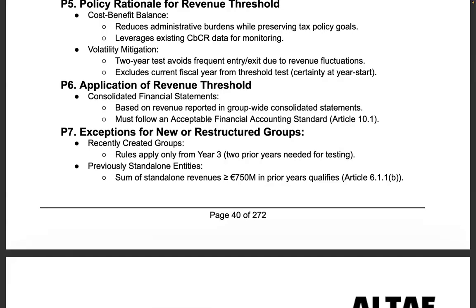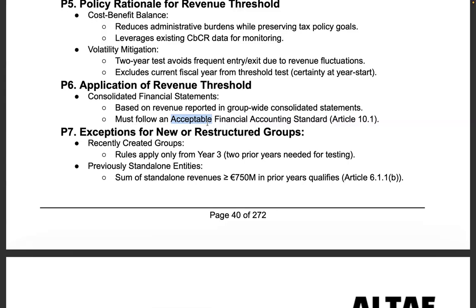We should see this: acceptable financial accounting standards. So why so? Because you would find that in a number of countries, even in Europe, IFRS might not have been 100% fully adopted. Naturally, the US also uses a different framework called US GAAP, which is slightly different from IFRS.